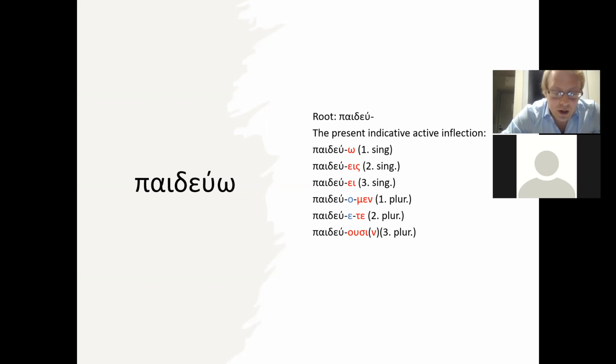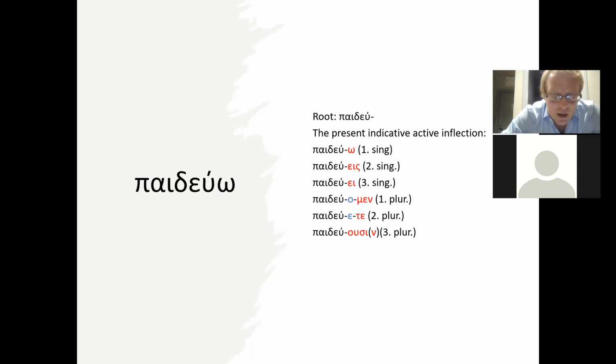What you may note here is that I have placed the letter ny in the end of the third person plural forms of the verb within clauses. This is to show that the verb is sometimes written with a ny and sometimes without it.